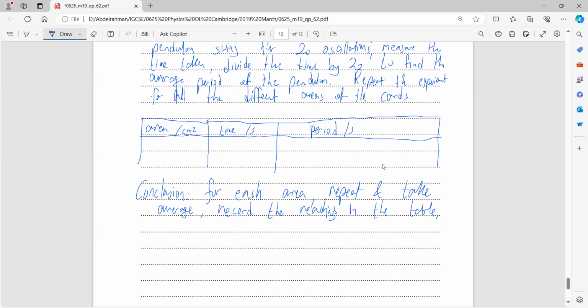After you record the readings in the table, you have to compare the results, whether the area of the card affects the period or not. Okay, that's it.